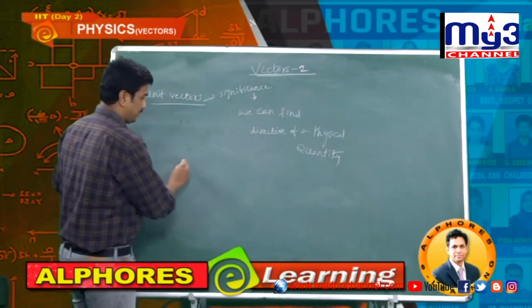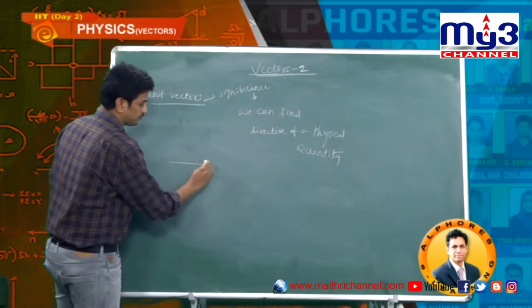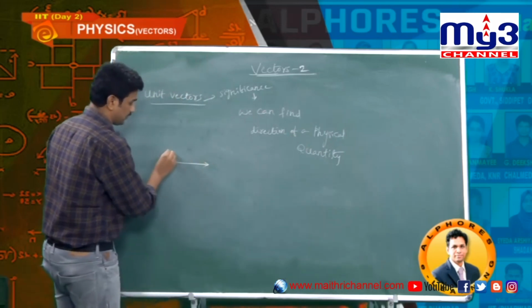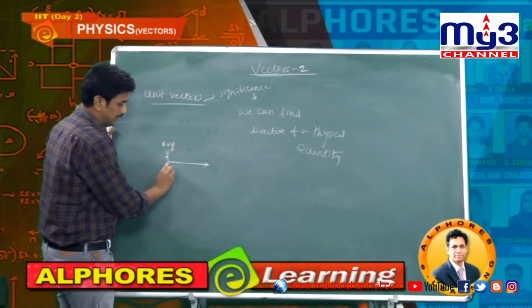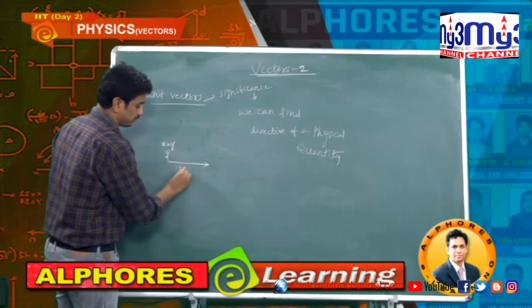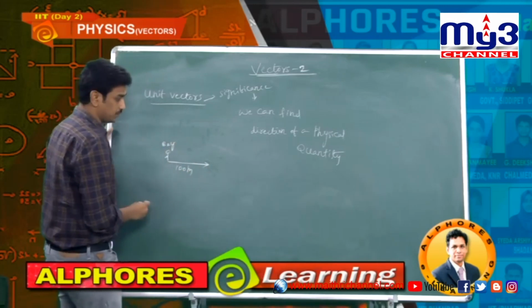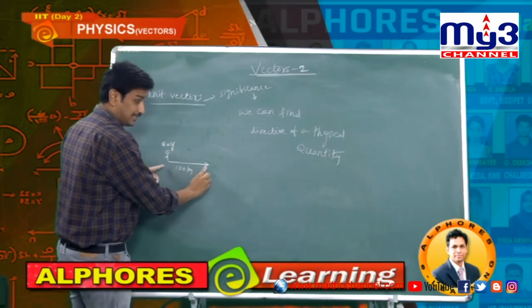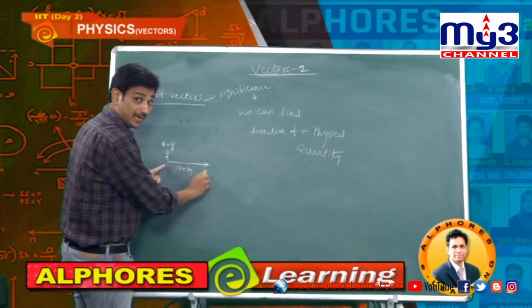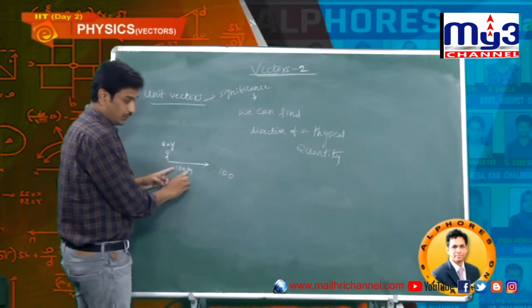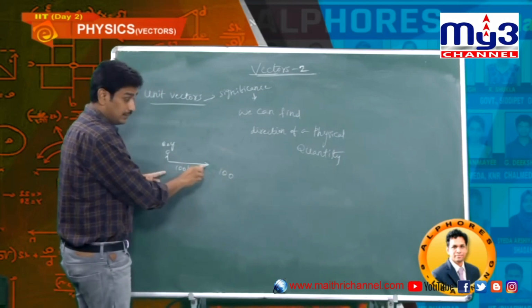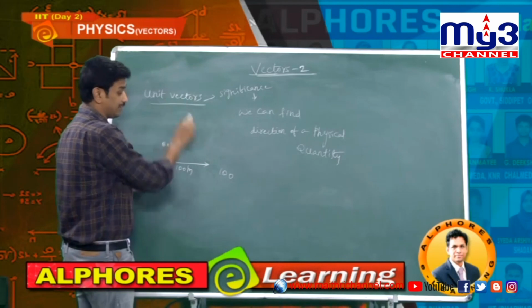I will give you an example. Suppose a boy is running in this direction 100 meters. Displacement is a vector. Now the magnitude is 100, what's the direction? I don't know. Then I should take the help of a unit vector.